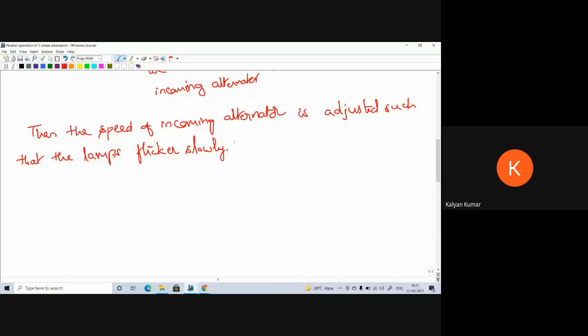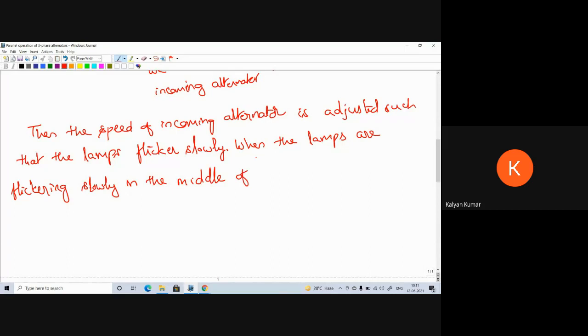So when the lamps are flickering slowly in the middle of the dark period, we need to close the synchronization switch.